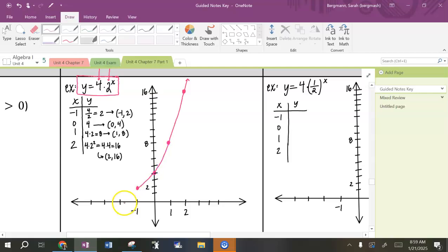Whereas on the left side, let's see what happens. Let's plug in another negative number for x. Let's say we wanted to plug in -2. So that would be 4 times 2, replace the x with a -2.